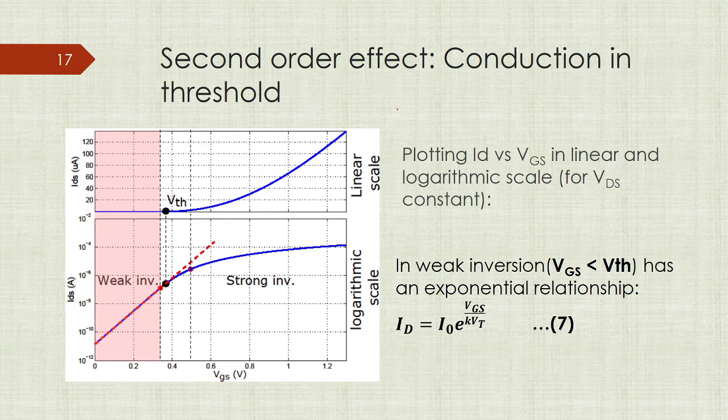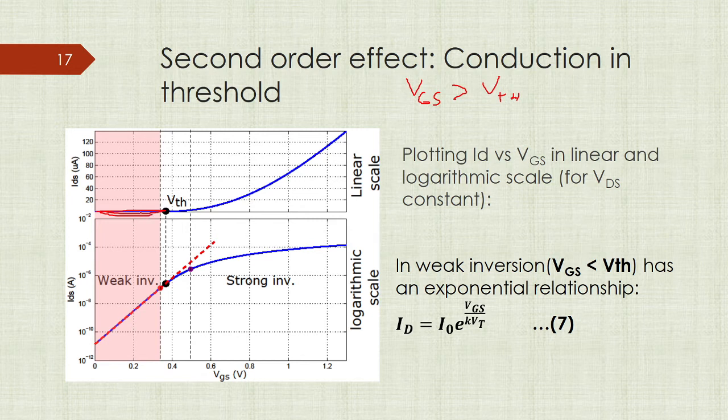In strong inversion, we said that the VGS should be greater than VTH, and for voltage less than VTH we said that the current is 0, but this is not exactly true.